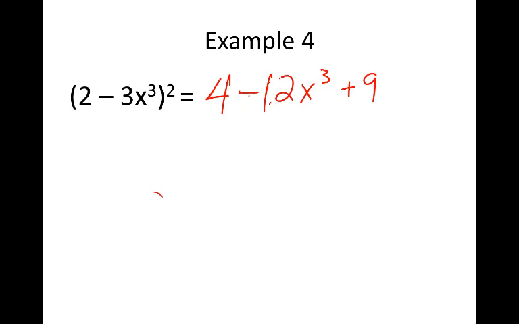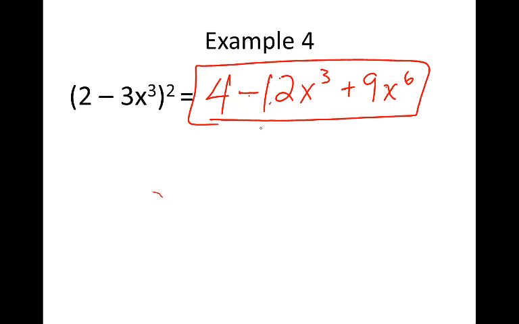Here's where we have to be a little careful. x cubed squared, if you recall from an earlier lesson, is x to the 6th. We'll often rewrite this in descending order. So we can put this as 9x to the 6th minus 12x cubed plus 4. That may look a little better.